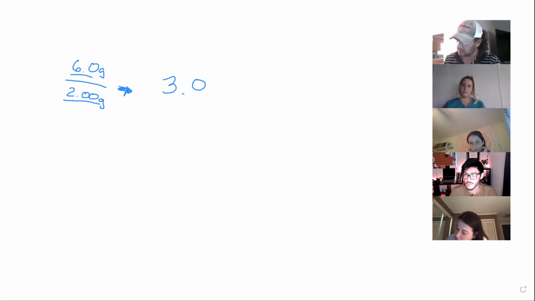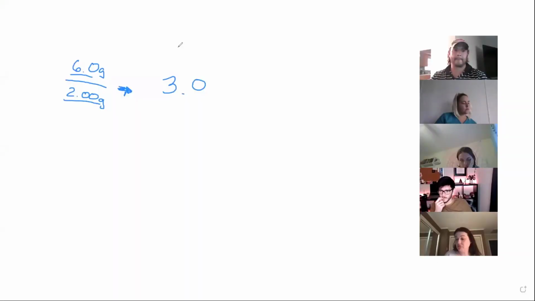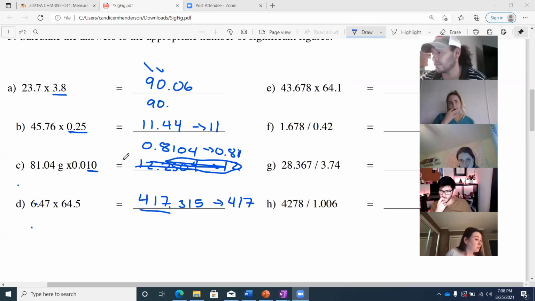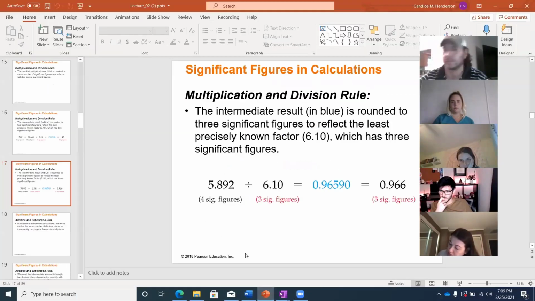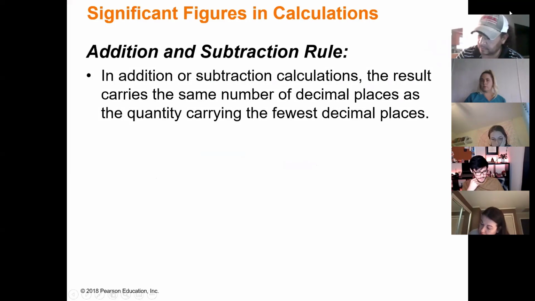So multiplication and division, which is where you're going to spend like 95% of your time in this class, is going to honor the lowest number of significant figures. What happens if we look at addition, subtraction? Addition and subtraction are in their own level of order of operations underneath multiplication and division.